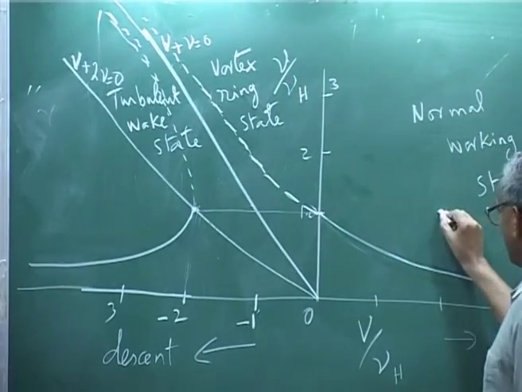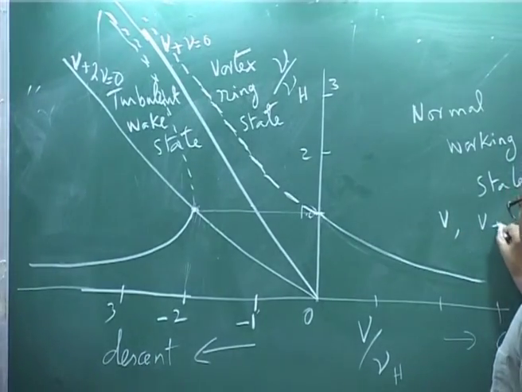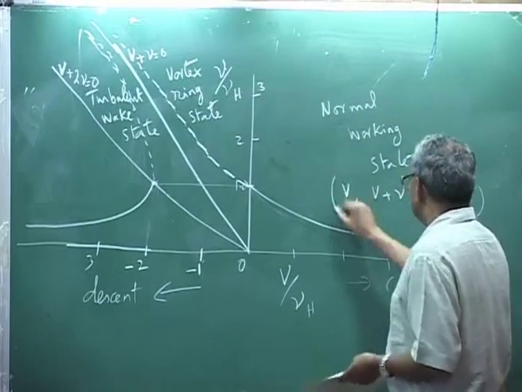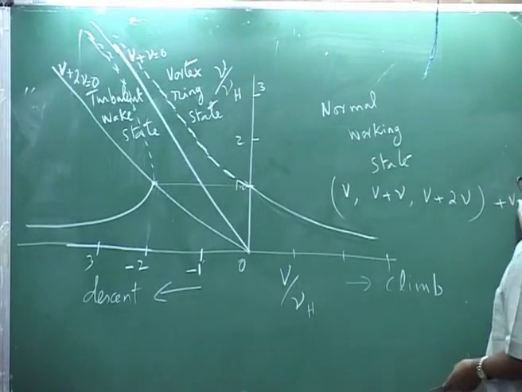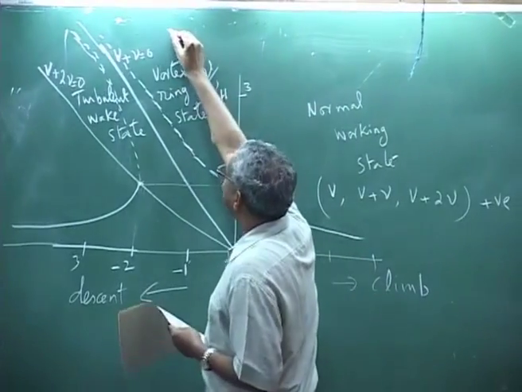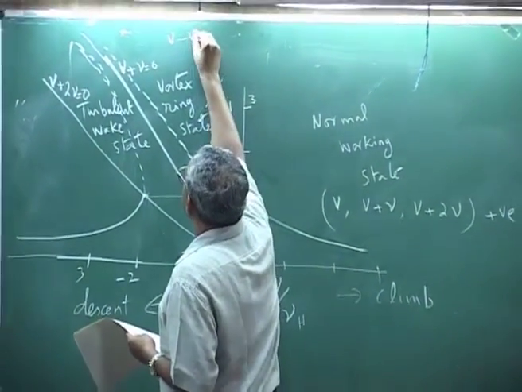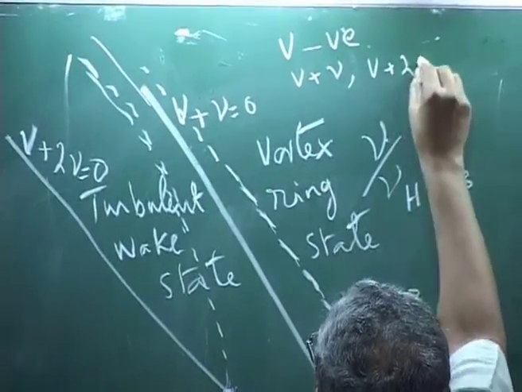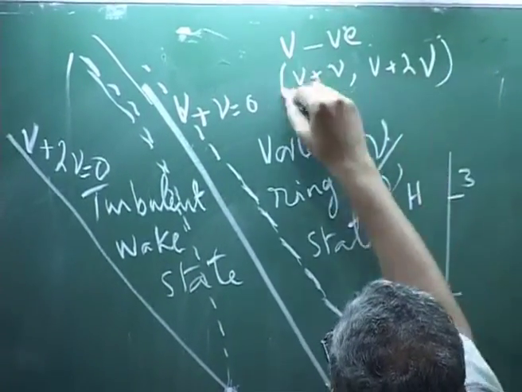What we are writing is V, and these three all are positive. When you go here, V is negative, but V plus nu and V plus 2 nu are positive.